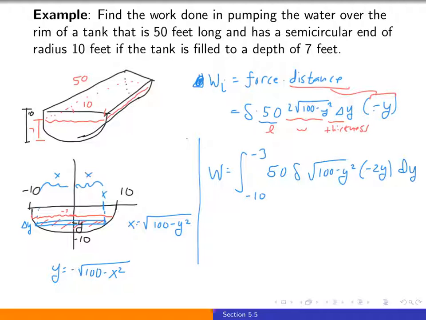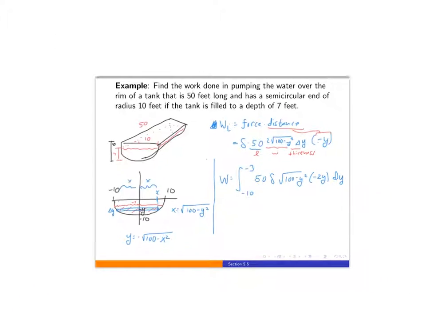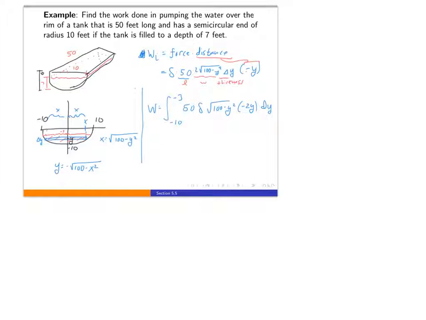Now what we need to do is evaluate this resulting integral. And in order to do so, I'm going to give myself a bit more space to work with here. We have the 50 delta, which pulls out, and then we have this resulting integral. We have the integral from minus 10 to minus 3 of the square root of 100 minus y squared times minus 2y dy.